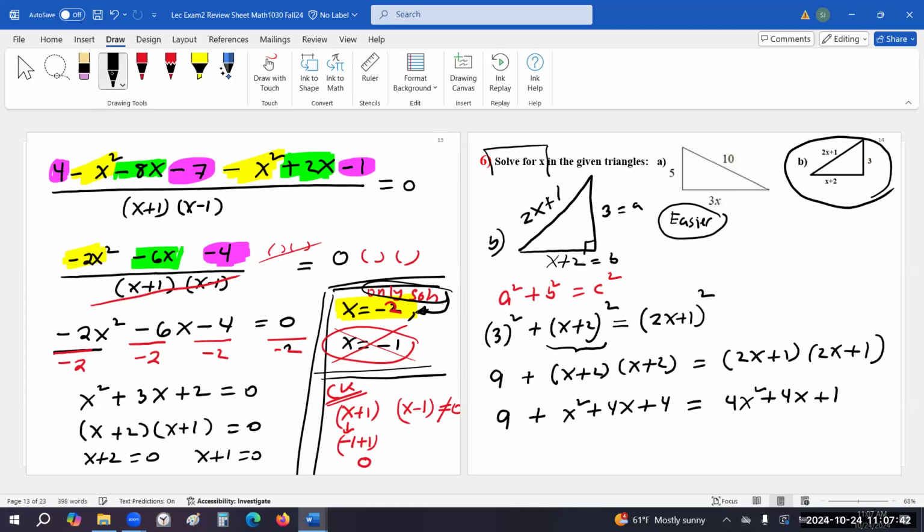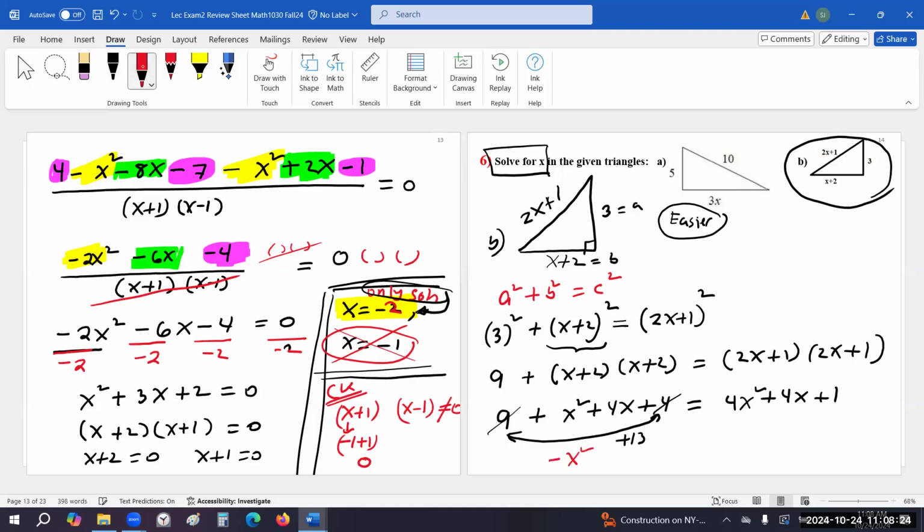Just solve for x. When you solve, what do you want to see on one side? 0. That means we must bring everything to one side. But before that, we know 4 and 9 give us plus 13. To bring everything to one side, you can go either way, left to the right or right to the left. But I prefer left to the right because on the right you have 4x squared, but on the left you have only 1x squared, and we want our x squared to be positive.